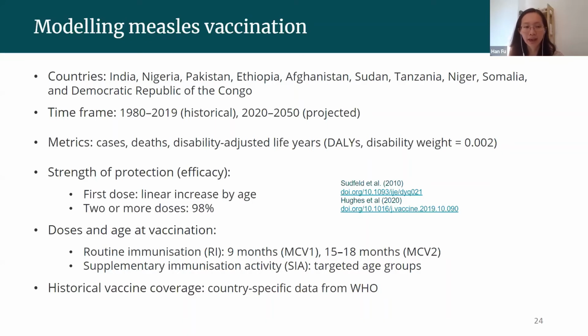As I mentioned in the previous slide, we include different protection of the vaccination by different doses. We also include 2 ways of delivering immunization: routine immunization at 9 months old for MCV1 and 15 to 18 months for MCV2, and also the supplementary immunization activities, which have different target groups depending on countries and years.